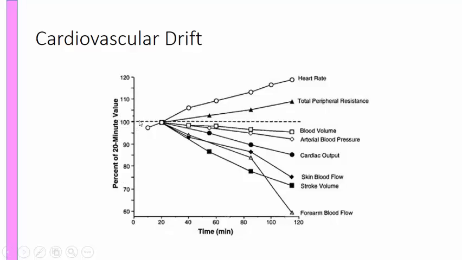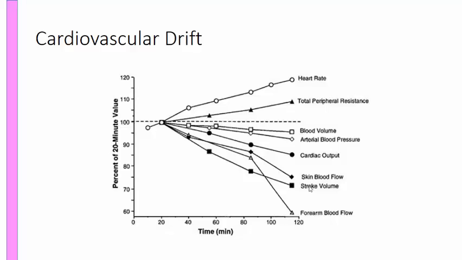So if we are going above this 100, here we have heart rate, heart rate is increasing above what the value was at 20 minutes. And if we are decreasing, here we have stroke volume, that means that stroke volume is decreasing compared to what it was at 20 minutes of exercise.